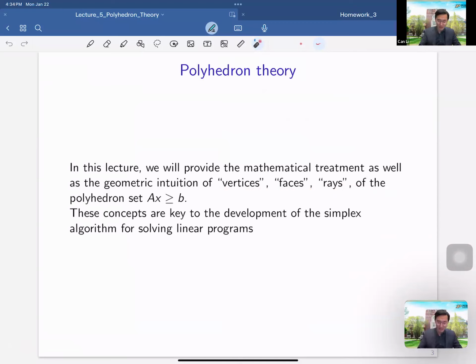And the set we are focusing on is this polyhedral set Ax greater than or equal to b. The reason we care about those concepts is that they are key in the development of the algorithm for solving linear programming, in this case, the simplex algorithm. In the meantime, we will also show that the optimal solution of a linear program is always at a vertex, okay?